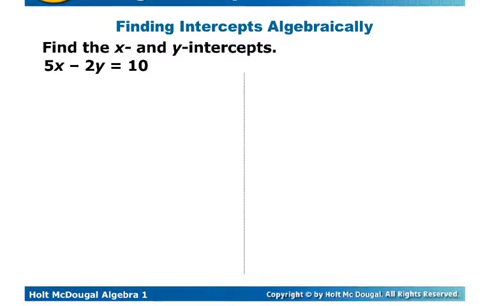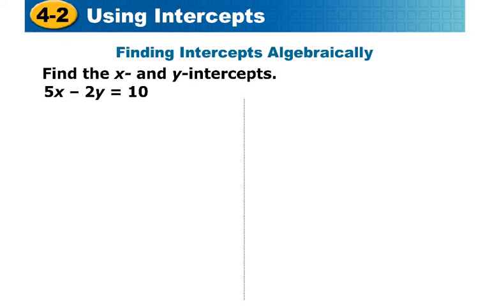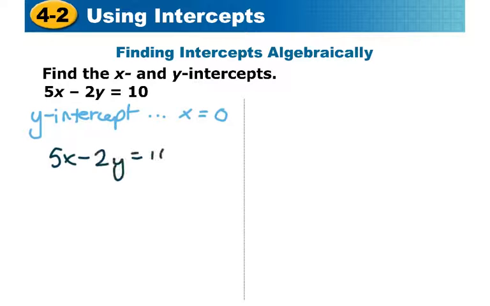So, we can also find, other than looking at a graph, the intercepts algebraically. So, as I referenced earlier, if we're going to find our y-intercept, we need an x of 0. So that means I can rewrite the entire equation and plug in an x of 0. If you plug in an x of 0, that means that 5 times 0 becomes 0, or goes away.